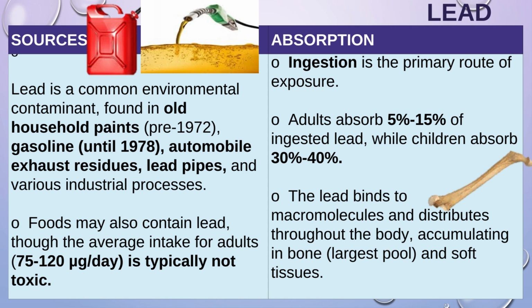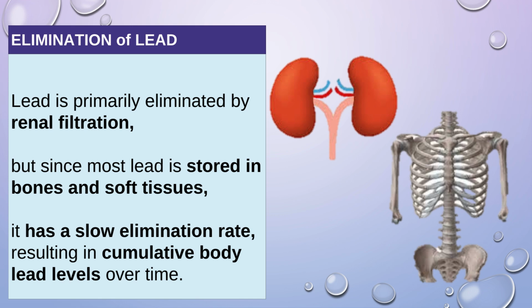The lead binds to macromolecules and distributes throughout the body. The largest pool of lead is seen in the bones and in the soft tissues. So if you are looking for the presence of lead and wonder where these toxicants have accumulated, think of the bones, the skeletal system, and also the soft tissues.